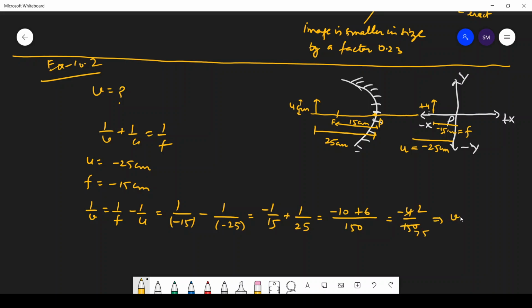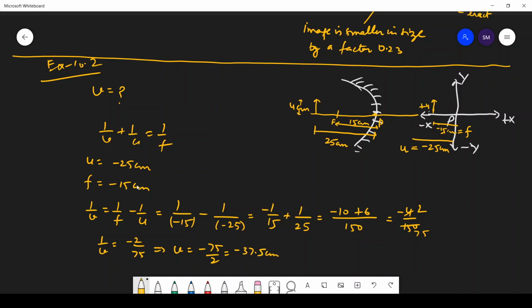So this is 1 by v. So this is what 1 by v is, right? So you have calculated 1 by v is equals to minus 2 by 75. So it means v is equals to minus 75 by 2, and that is minus 37.5 centimeter.